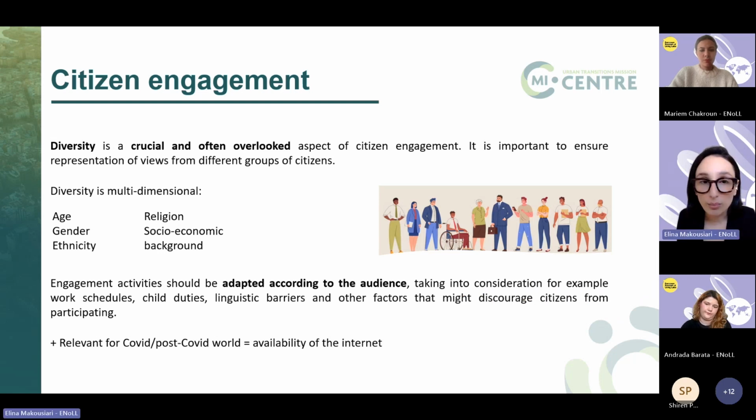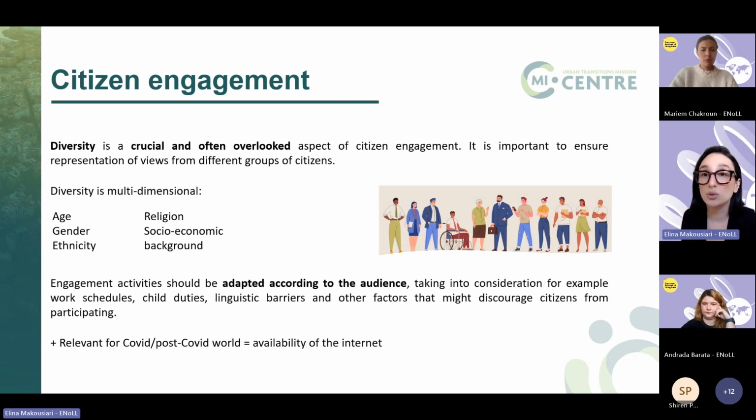And also very, very important when talking about citizen engagement, it's very important that citizen engagement is diverse. Diversity is often overlooked when talking about engagement, and it's not one-dimensional. Diversity can be anything related to age, gender, ethnicity, religion, or any kind of socioeconomic background.